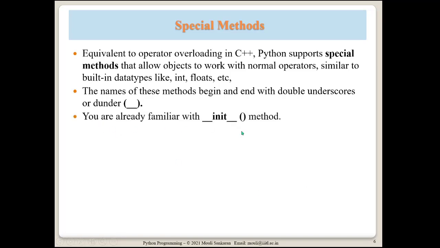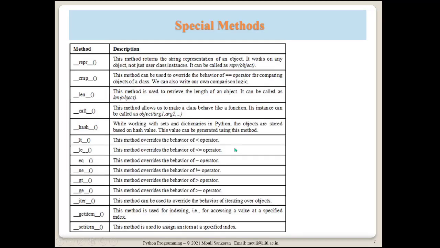You are already familiar with init, which is called after the object is created to initialize an object. Always remember, that is called after the creation of the object, not like a constructor in C++ where the object is getting created there. There are many such special methods in Python. Now, there is a big list of these, many of which we have already come across.